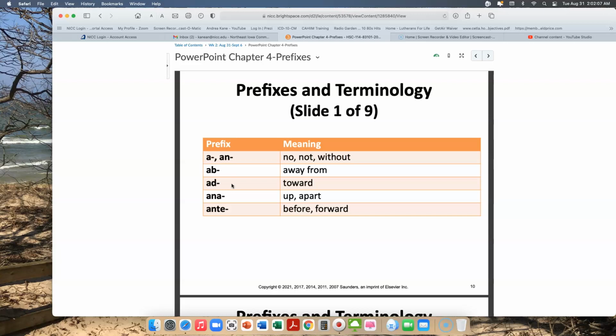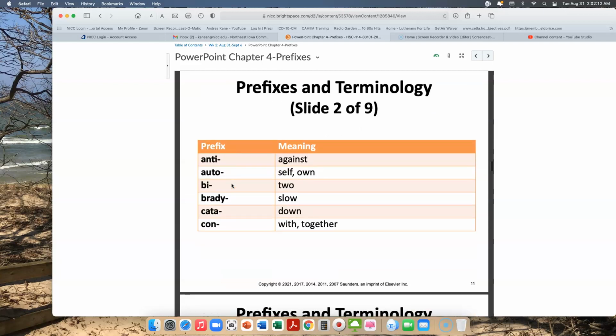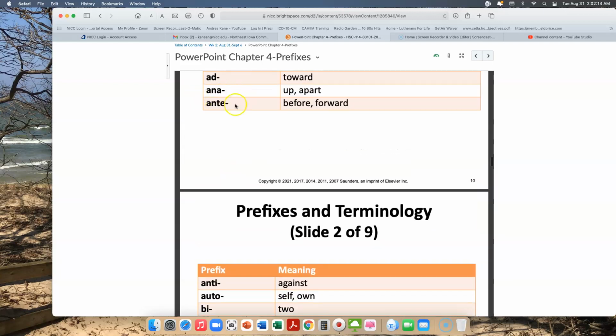Ana, anti. And watch ante versus anti. You've got ante, anti. Ante is before, forward. Anti is against.